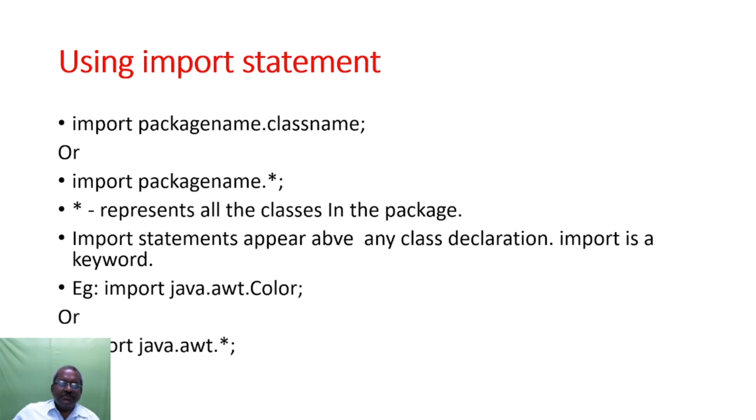Import statements appear above any class declaration. Import is a keyword. Just as we start a C language program with the include statement, we start the Java program with import statements. Above all the statements, you should have only import statements.